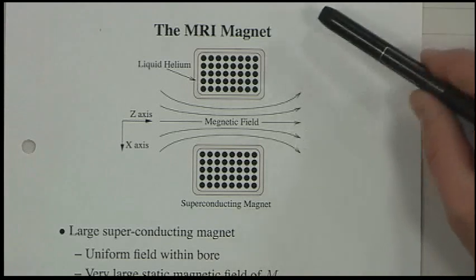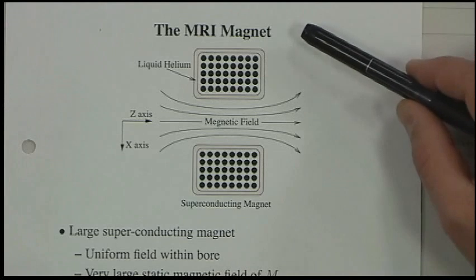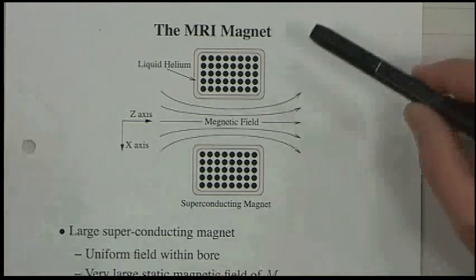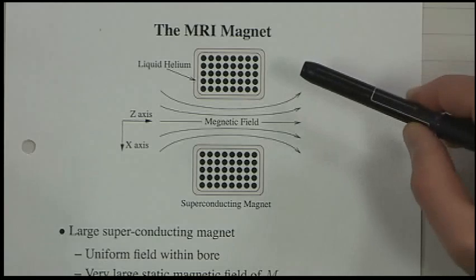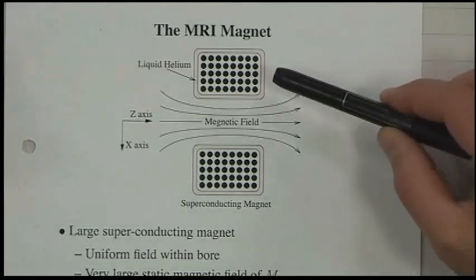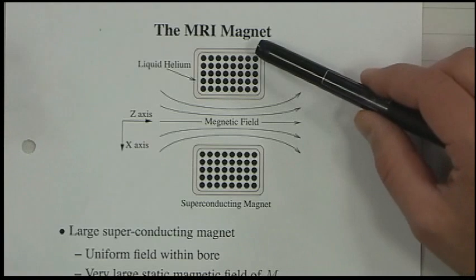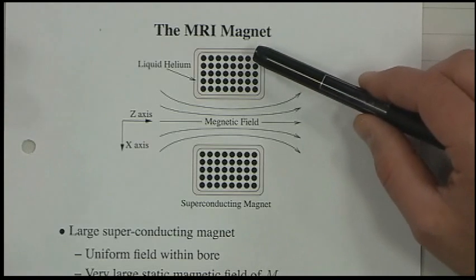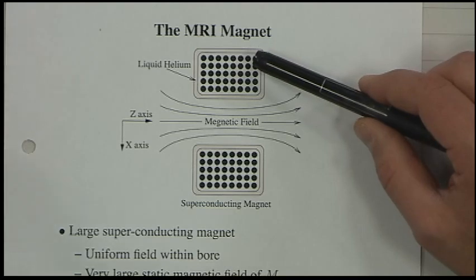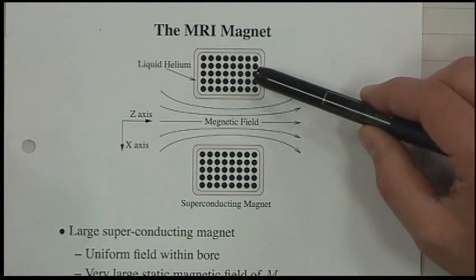Eventually, if you have no electricity, there's nothing to replenish the helium. They actually have a cooling system that replenishes the liquid helium. But eventually the liquid helium will boil off, and some of the magnet will become exposed. And when it becomes exposed, the magnet becomes resistant. It might be just a small resistance. And if you have an enormous amount of current going through a very small resistance, of course, that produces heat.